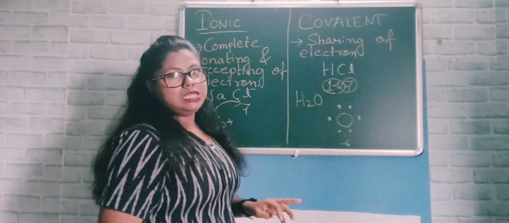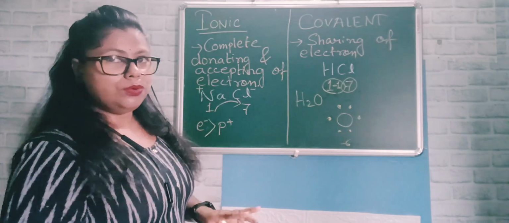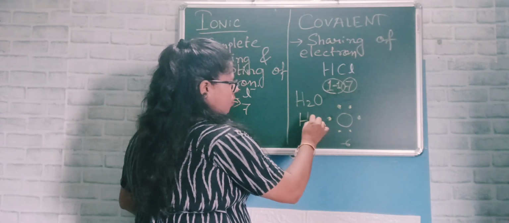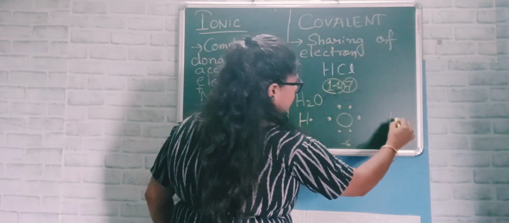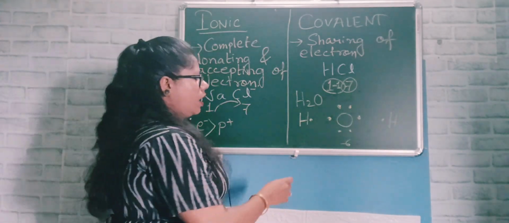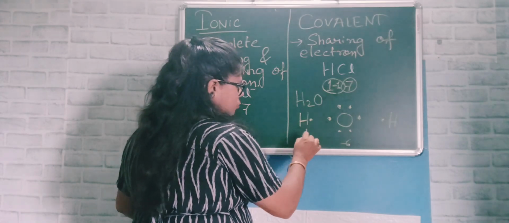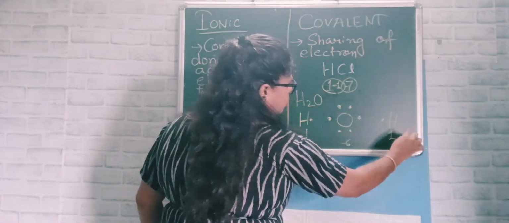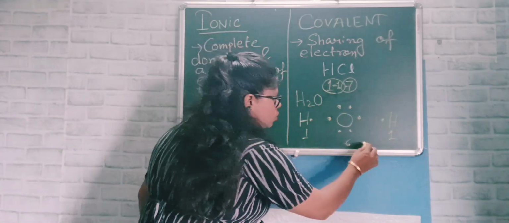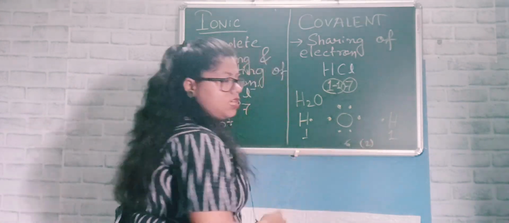But hydrogen needs 2 electrons in order to become stable. These 2 hydrogens each have only 1 electron, so each needs 1 more electron to become stable. Oxygen needs 2 more electrons to be stable.